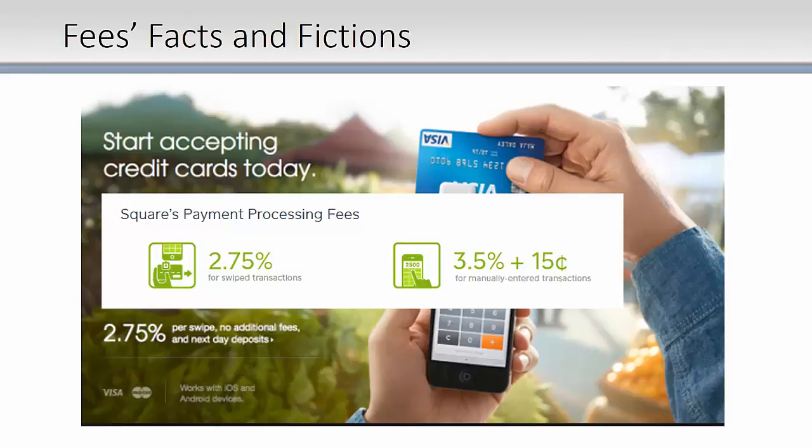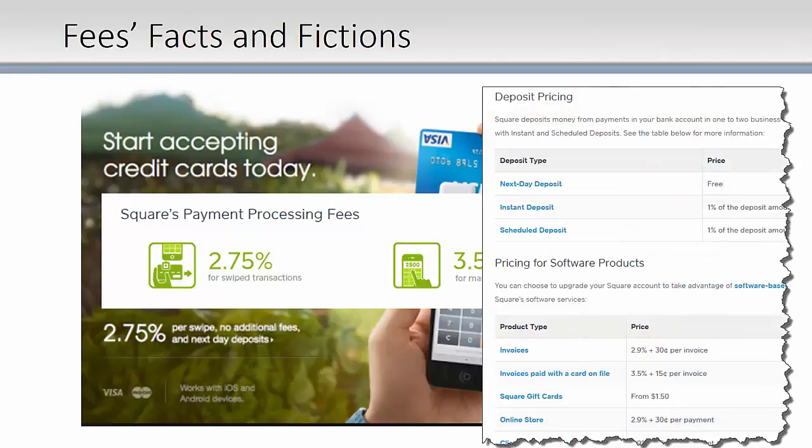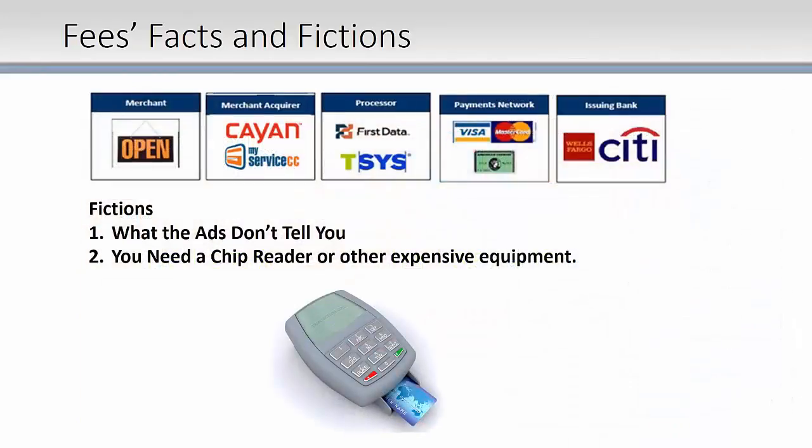But there's more. The extras. Turns out there's a whole bunch of other options you might like, and they cost more. So again, my point isn't that they are doing anything wrong, just that you have to be an educated consumer. One other thing before we move on. Chip readers. I don't want you to get stuck buying something you may not need.